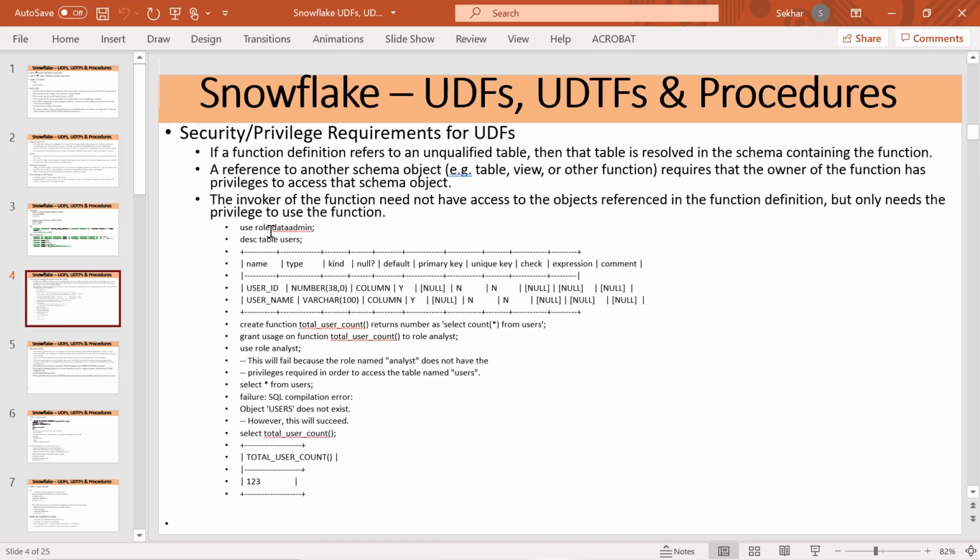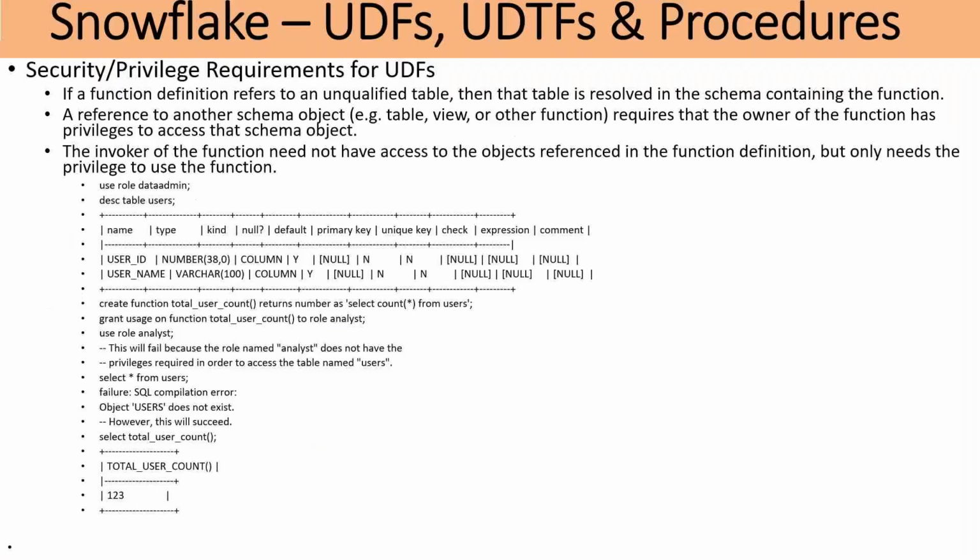So we have use role data admin, create table users, and total user count, returns number, count star from users. Okay. And we grant usage on this function to role unlist. We are logged in as data admin. Now we are granting it to unlist. Then use role unlist. Guys, you are able to see my screen, right? It's tiny though.